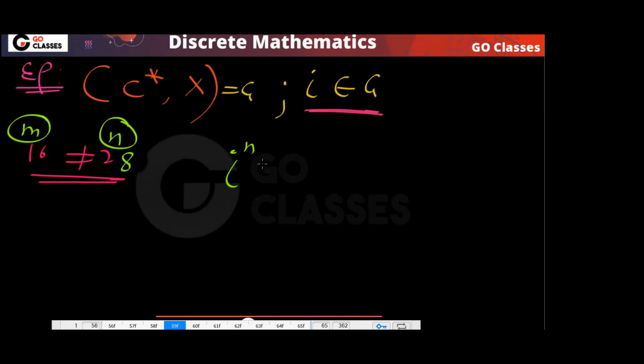Can I say iota power m is equal to iota power n? Can I say this? Iota power 16 is equal to iota power 28. Can I say? Yes, agree? Yes, correct.